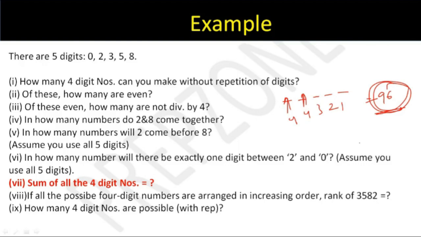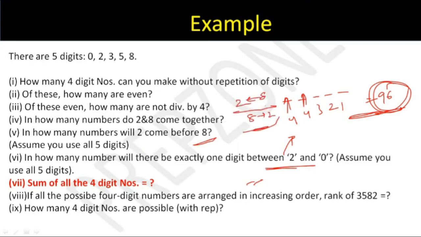Awesome. So now this is what you all have to do in CAT. You have a total of 96 5-digit numbers, right? And what does the question say? In how many 5-digit numbers will 2 be before 8? Now 2 can either be before 8 or 2 can be after 8.